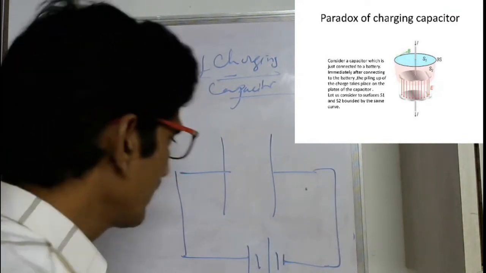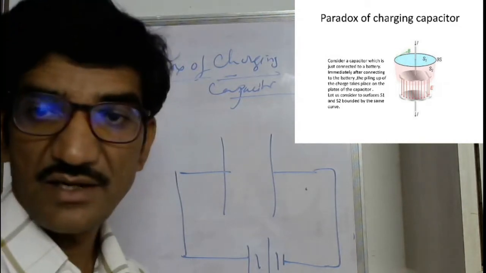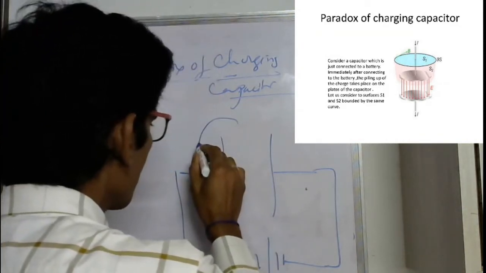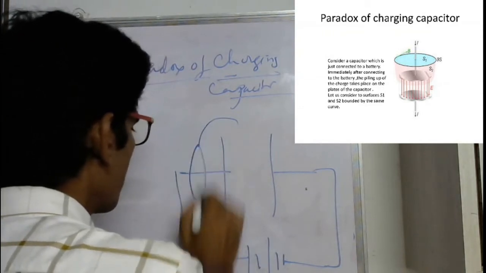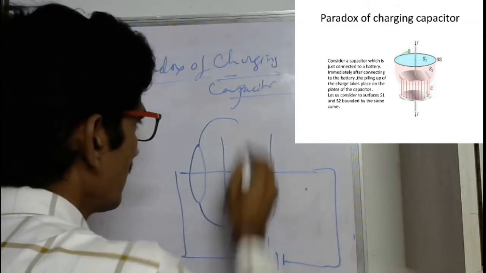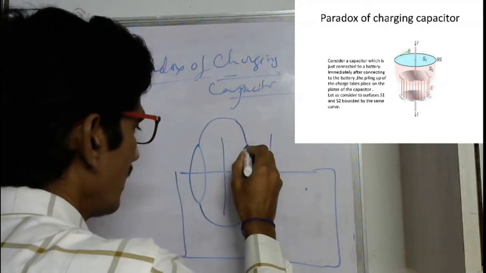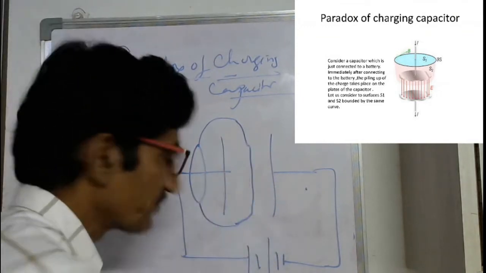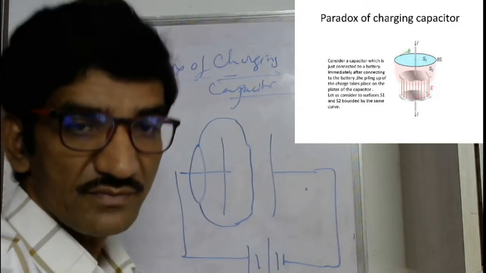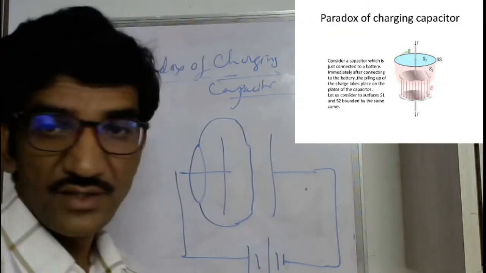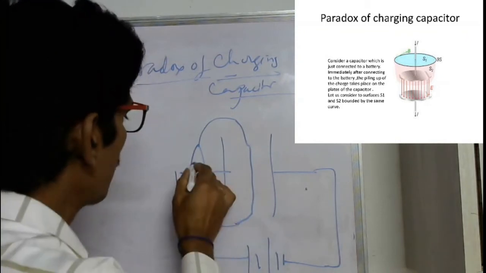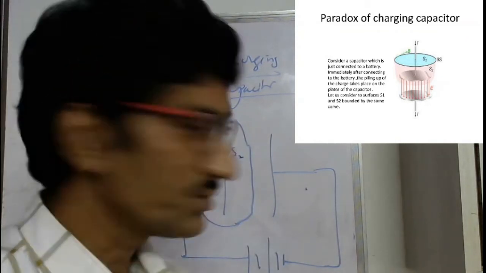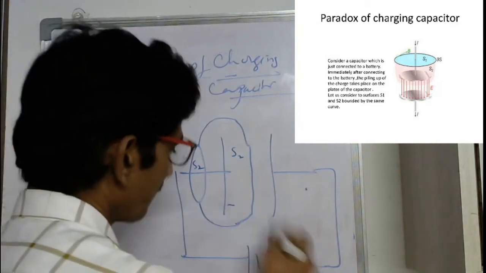See what happens immediately: the flowing of charge takes place. Suppose this is a flat surface, and this is a balloon shaped surface. You are taking two surfaces, S1 and the other entire surface S2.